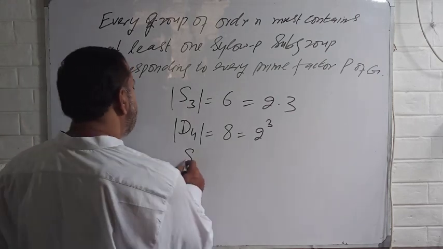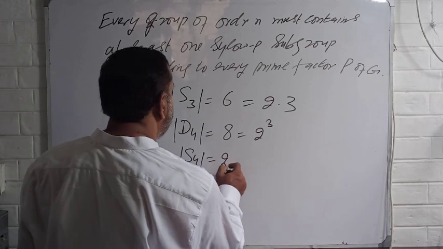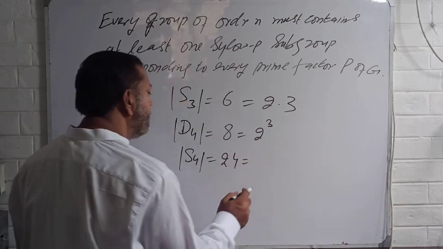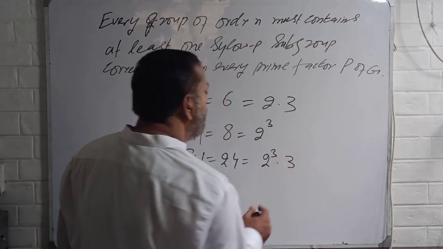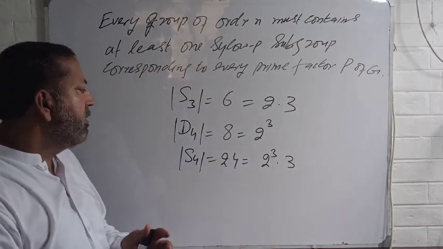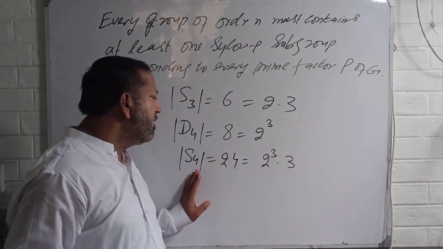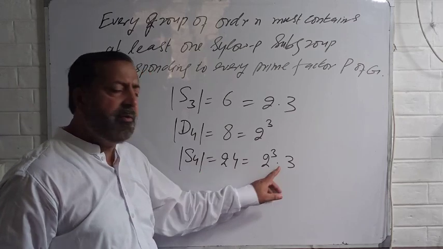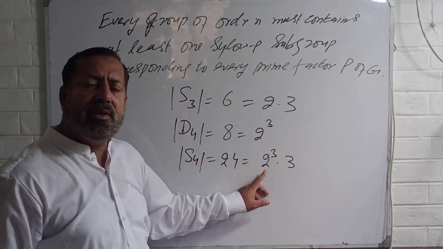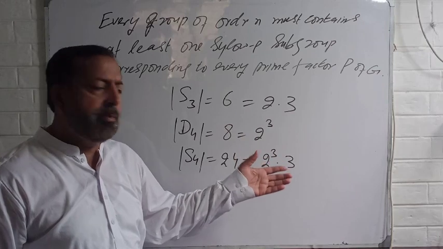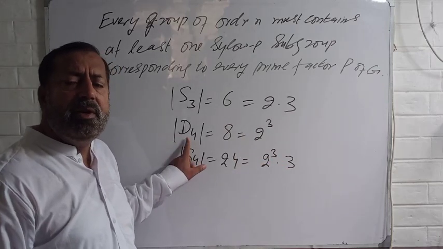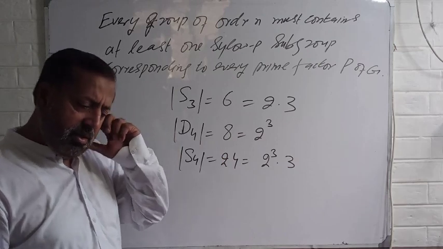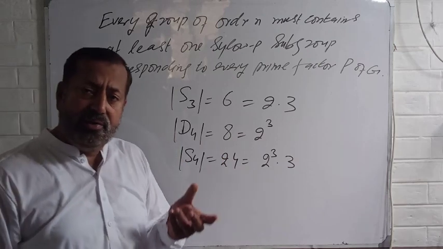Similarly, the order of S4 is 24, that is 2 cube into 3. Yes, this means that S4 has a Sylow-2 subgroup of order 8. So now the question is whether that Sylow-2 subgroup is isomorphic to D4. But here is another group of order 8, which is Q8.